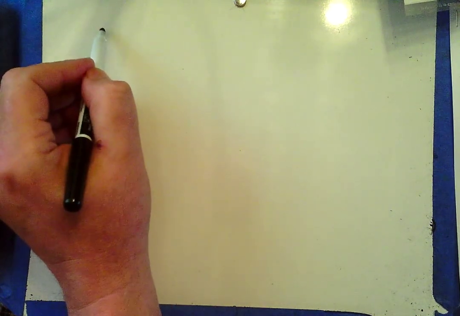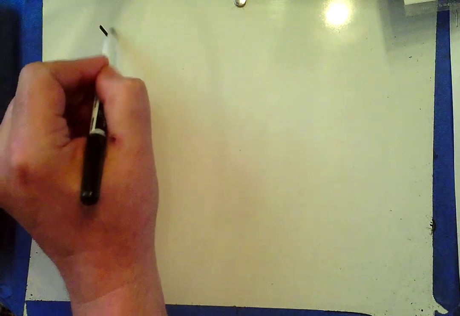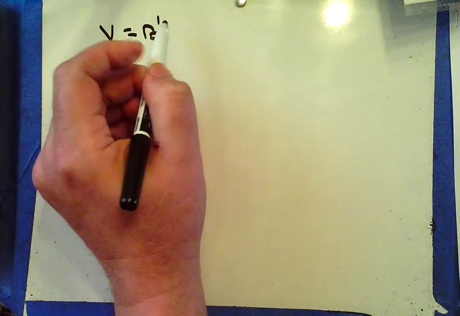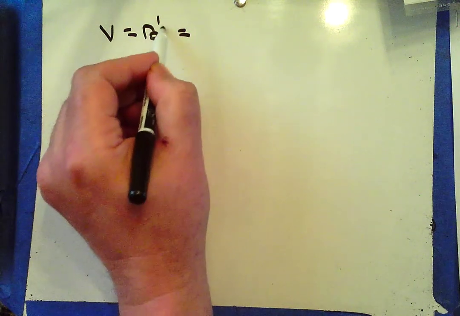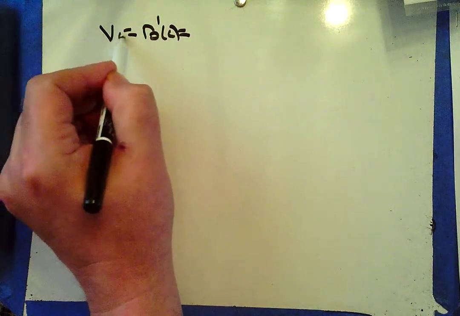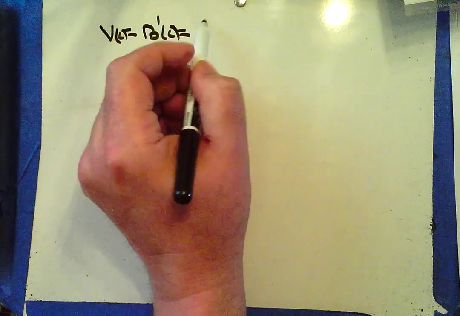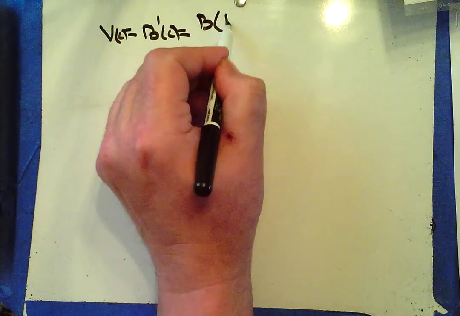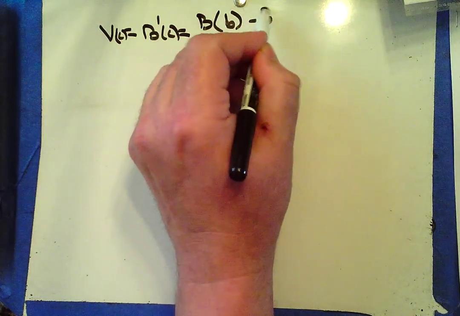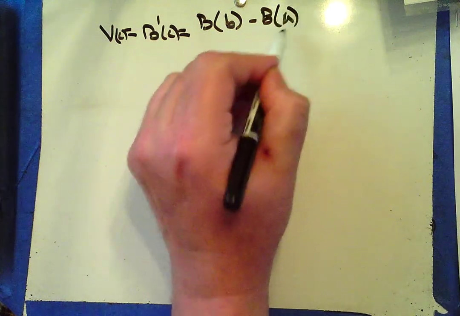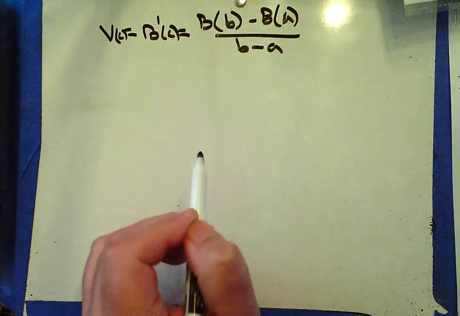So I know that v equals b prime, and I know that there must be some point where b of b minus b of a over b minus a.